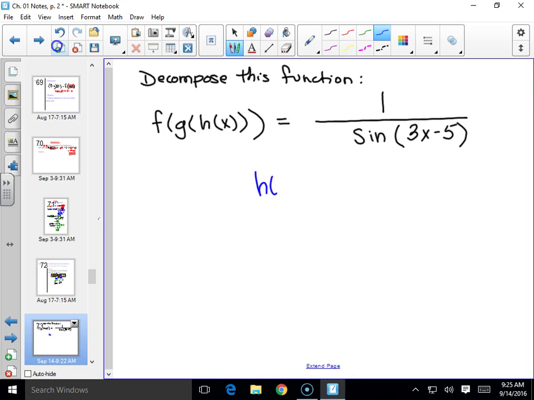The first one is 3x minus 5. Come on, cool kids. Who's the innermost? Anybody, everybody. Minus 5, really.